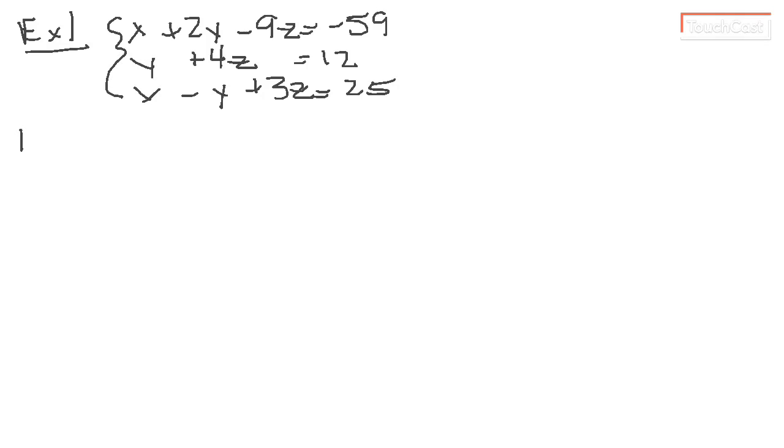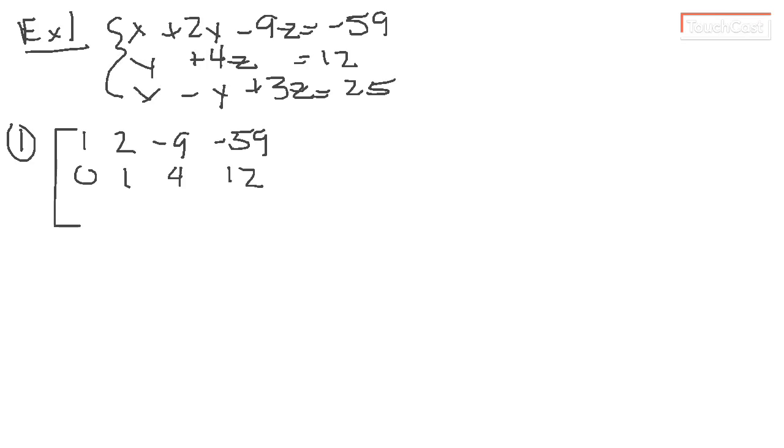So first, we're going to write this as an augmented matrix. So we're going to have 1, 2, negative 9, negative 59. We're going to have 0, 1, 4, 12, and then 1, negative 1, 3, 25.